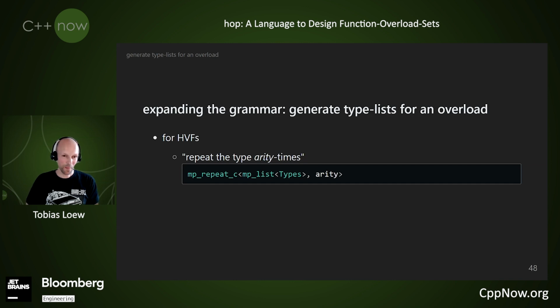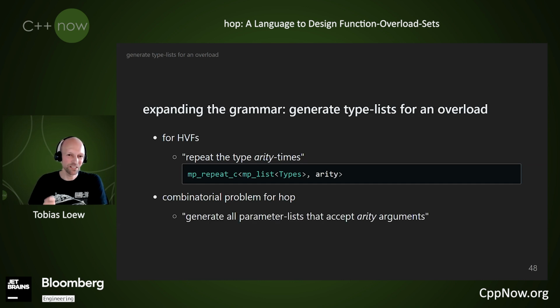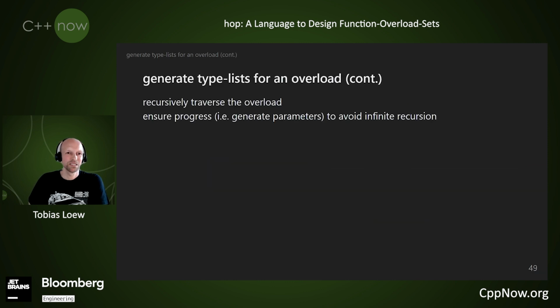But now, for this grammar, we have a more or less combinatorial problem. We have to generate all parameter lists that accept an arity number of arguments from the given grammar. So how can we do this?